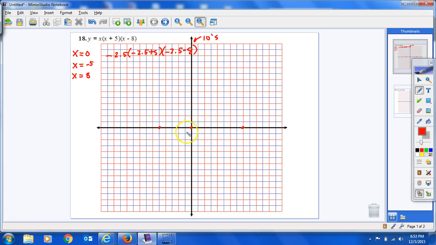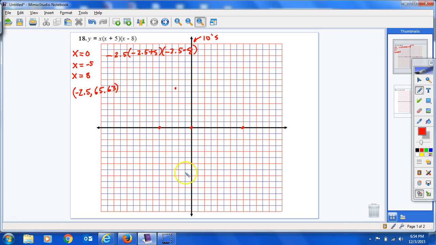So when I let x be -2.5, which is about right here, I'm going to go to 65 and almost 65.5. Okay, so we'll just show the ordered pair over here, -2.5, and I'm just going to round it to 65.63. So -2.5, and then 10, 20, 30, 40, 50, 60, and it's really about a half.